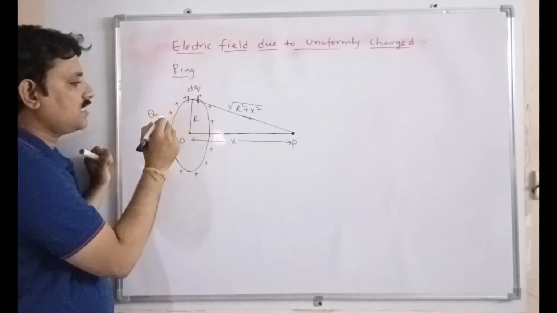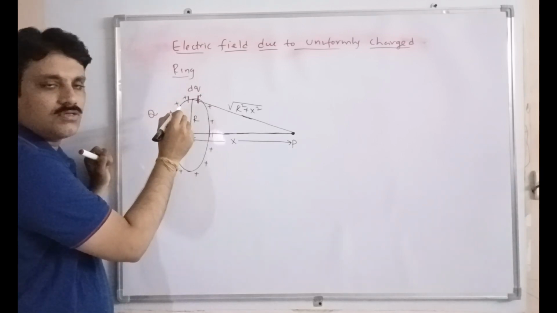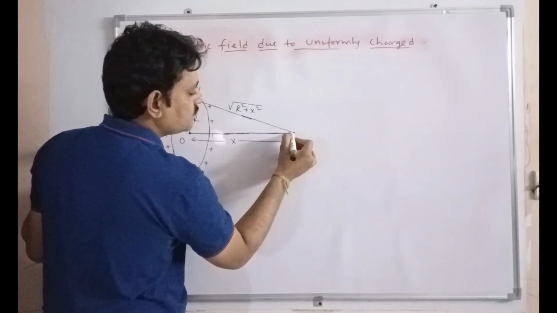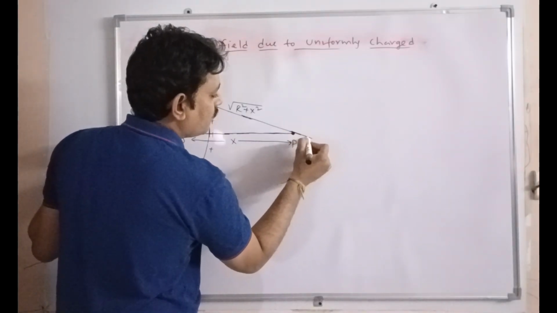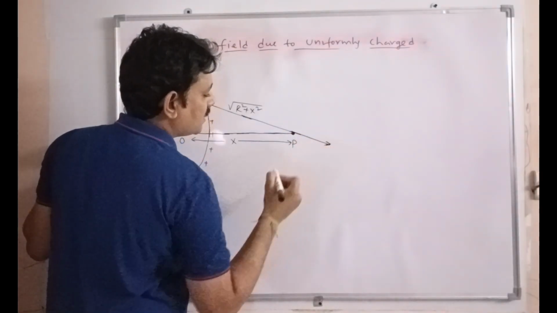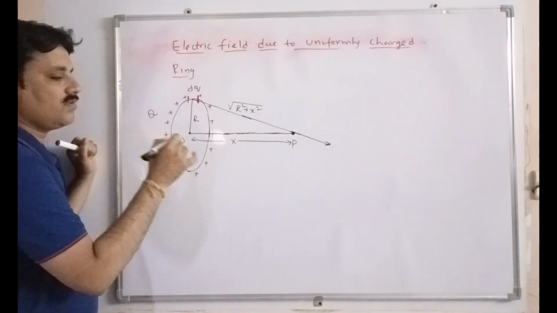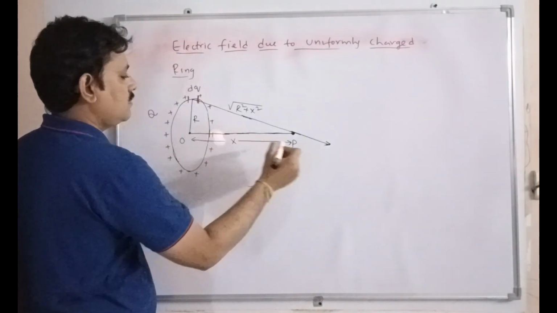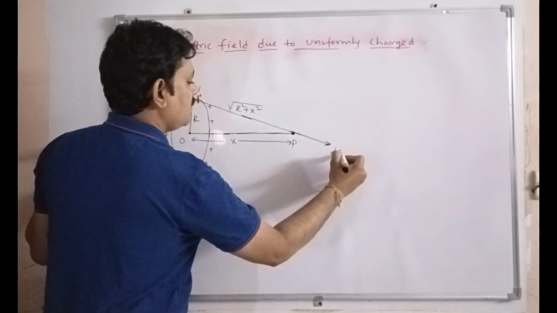So dq is the charge. With respect to the charge dq, the electric field at point P is directed away, because this is a positive charge, and this electric field is dE.